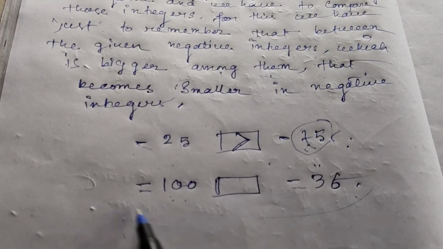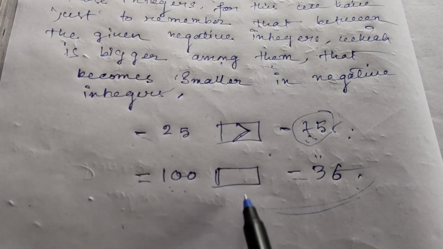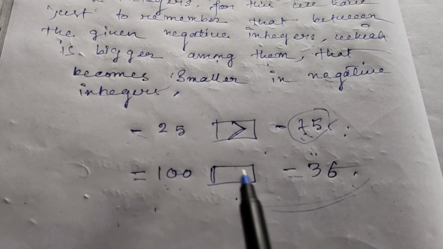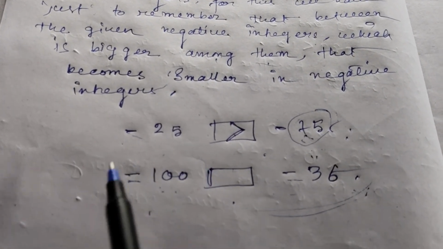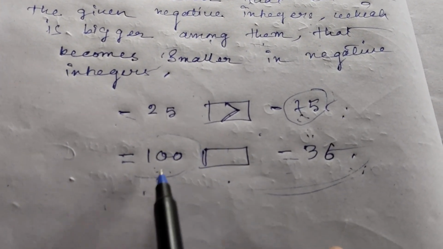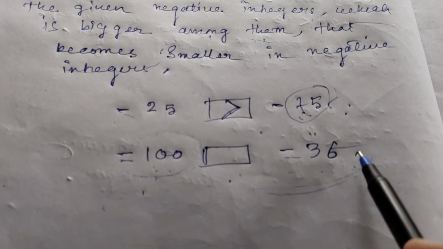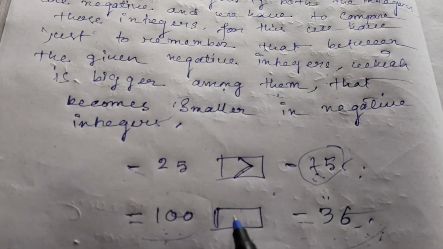So comparing between the negative integers, minus 100 is smaller than minus 36, right?